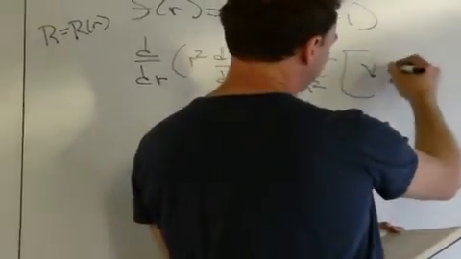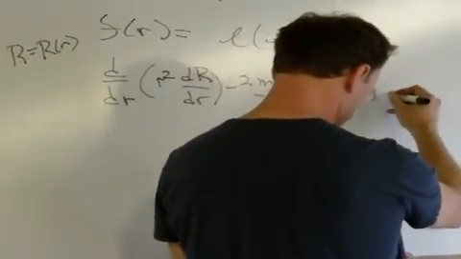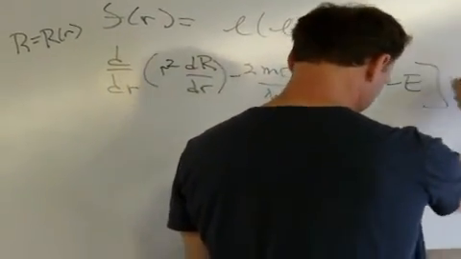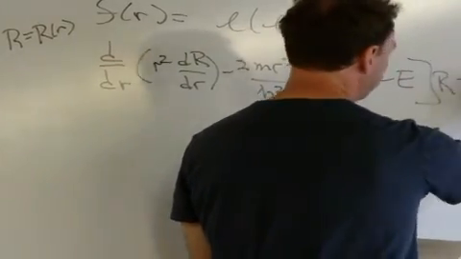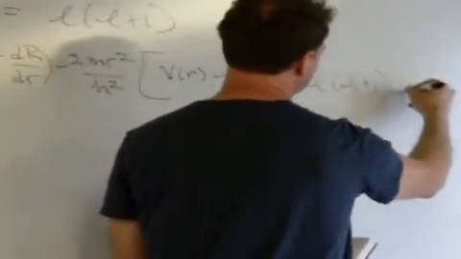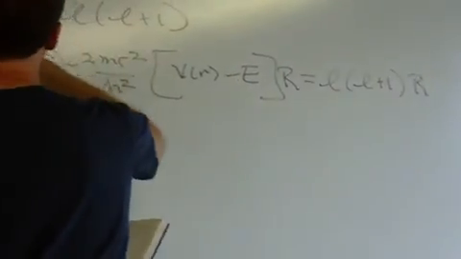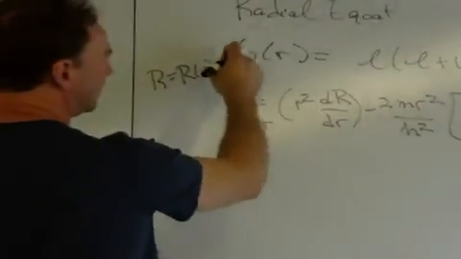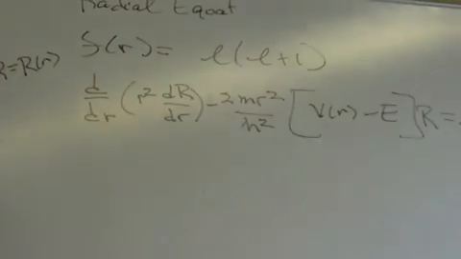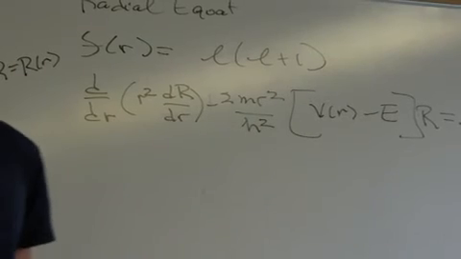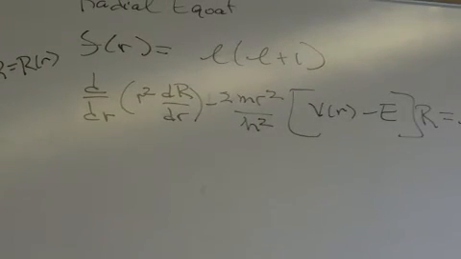Times V of r, and it's only a function of r, minus V times R equals L times L plus 1 times R. Oh, by the way, I needed an R over here somehow. Oh, I remember. And this f of r is 1 divided by capital R. So then the next step you multiply it out. I was stumped for like 5 minutes when I was doing that, and then I realized I was done.